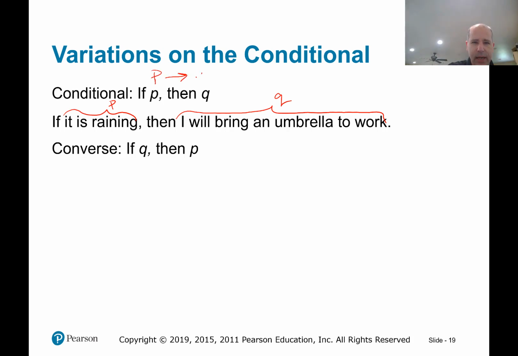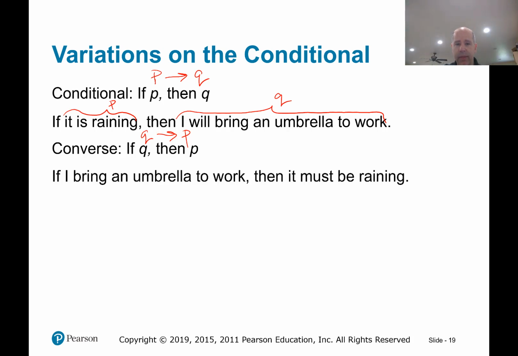P implies Q. The converse would be just what? Q implies P. So you're flipping the arrow. So what does that mean? The converse of the statement would be: if I bring an umbrella to work, then it must be raining.